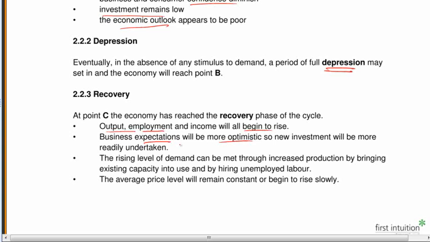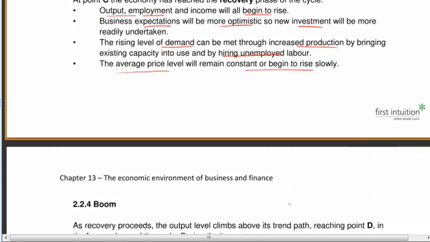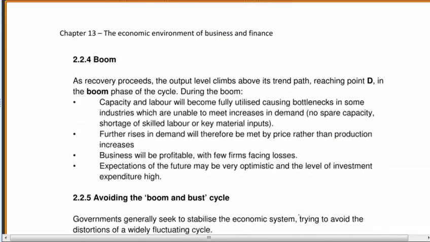Expectations are more optimistic, so we start to invest again. There's an increase in demand, but we can meet that through increased production. We can take on all these unemployed workers that have been standing idle for the last year or so. The average price level begins to creep up until eventually we hit the boom phase.